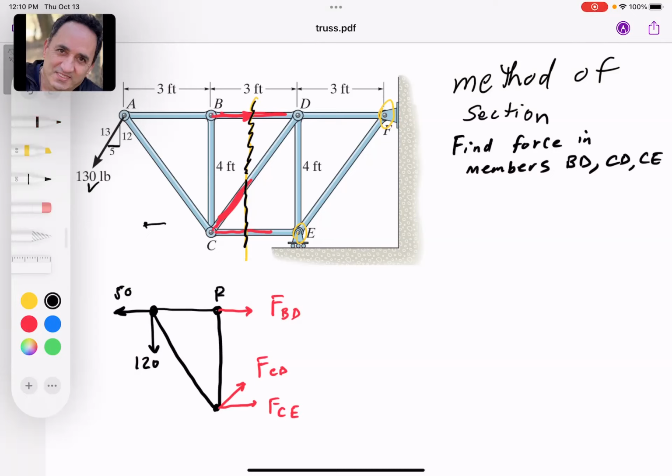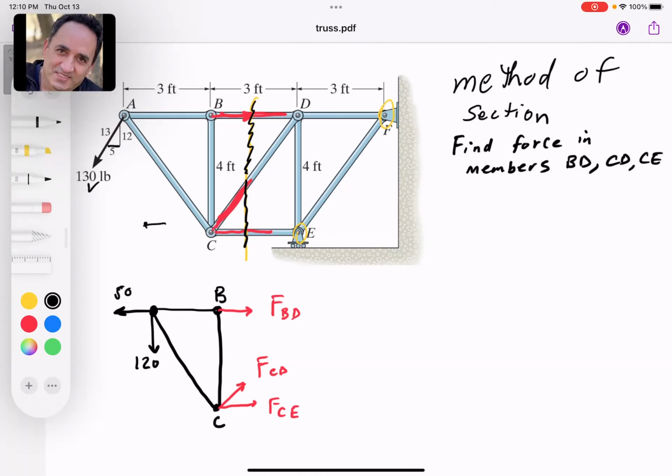The joints are B and C here. Because if you show them as if they're pointing away, you're assuming that they're in tension. If you solve the problem and you get a positive answer, that means the member is in tension. And if you end up getting a negative, that means the member is in compression. That's the easiest way that you can figure out which member is in tension and compression.